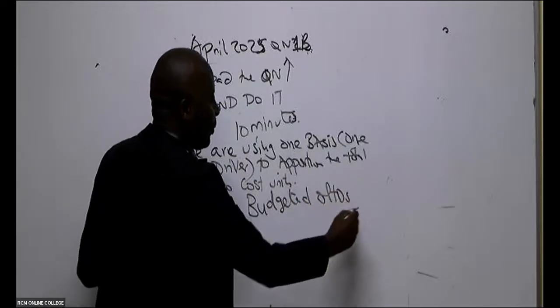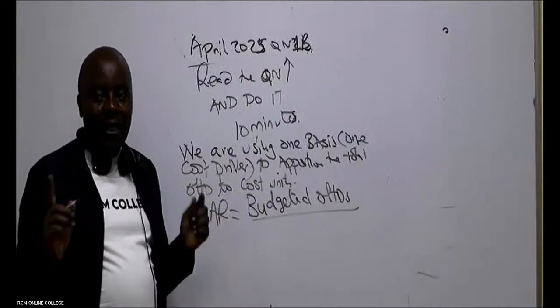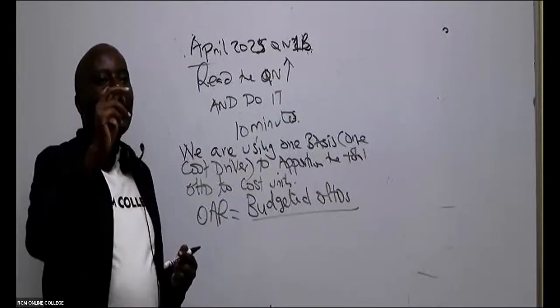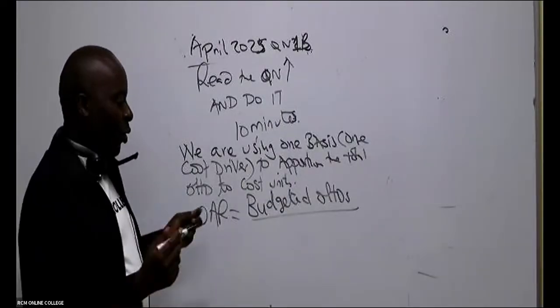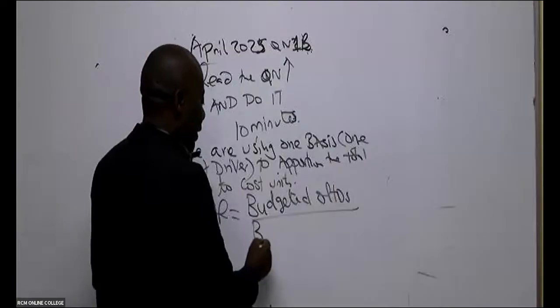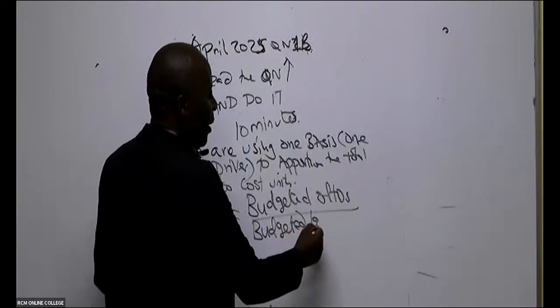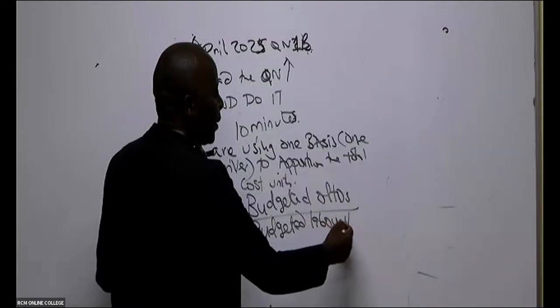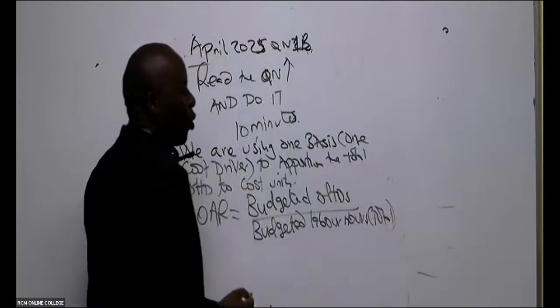We divide this by budgeted, in this case here, we know the basis, budgeted labor hours, Frank, or cost driver. So we divide this by budgeted labor hours. They have told us what to use.